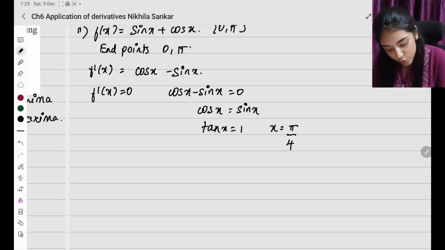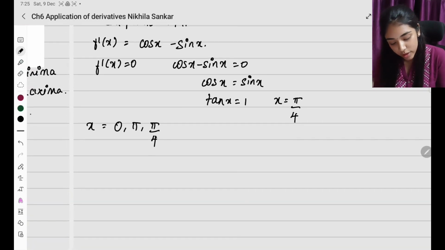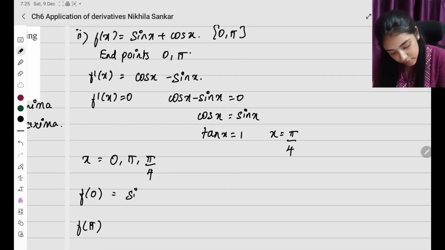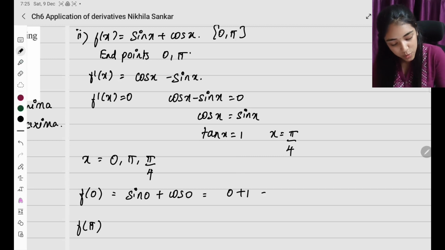Now when I substitute the x values, I have the endpoints 0, pi, and my other value is going to be pi by 4. Now substituting these values, f of 0, f of pi, f of pi divided by 4. So f of 0: I have sin 0 plus cos 0, which is 0 plus 1, which is 1.